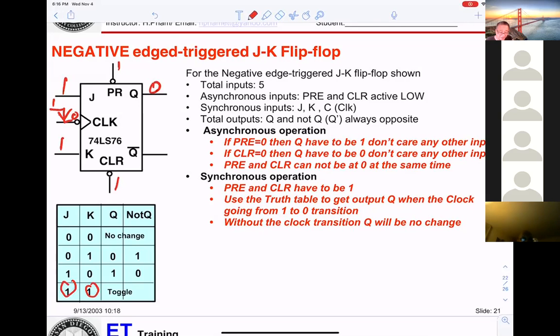Perfect. Toggle means it was 0, now it goes 1. You see that? How easy, right? Any question on that JK here?